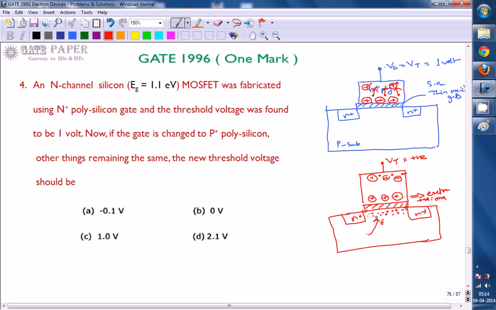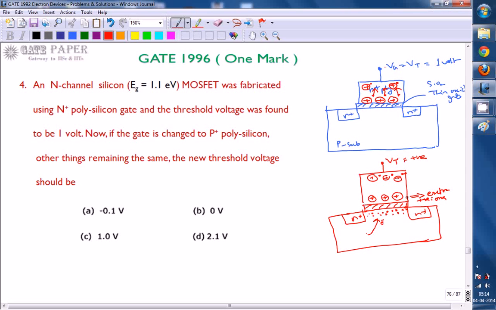So if you use an N plus poly gate, you can create a channel using a smaller positive voltage, because of the positive voltage and the depletion region of positive ions near the silicon dioxide region in the gate material.